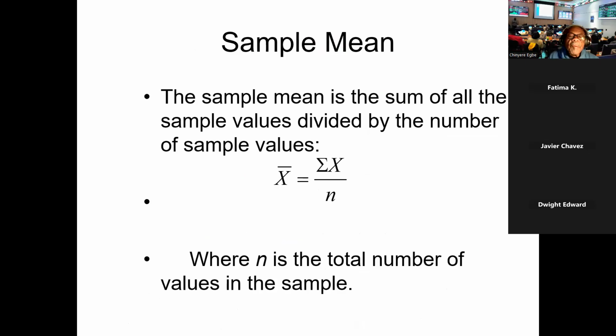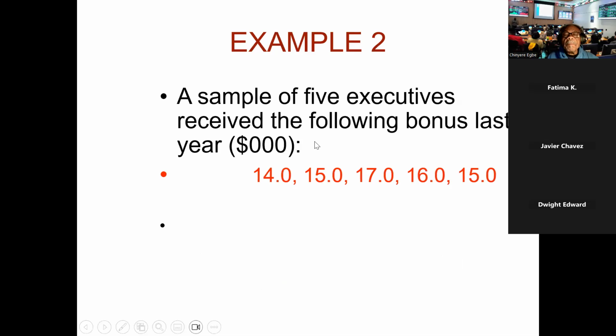We'll call that the sample mean. The sample mean will not usually be equal to the true mean except by coincidence. So we take the sample mean, and then as we grow in this study, we will find a way to use the sample mean to make inferences about the population characteristic.